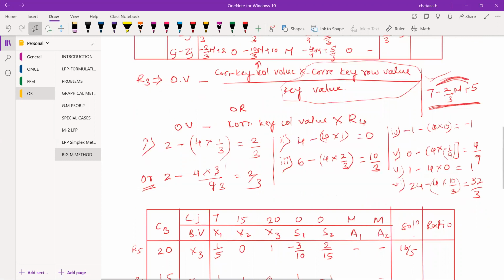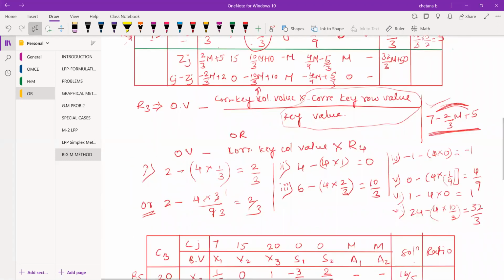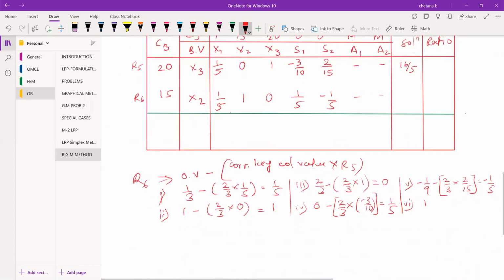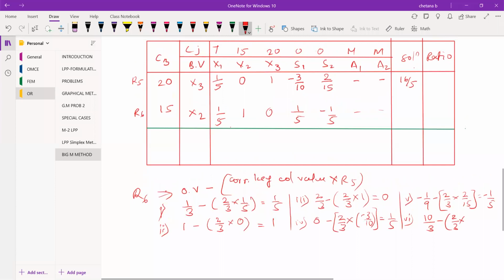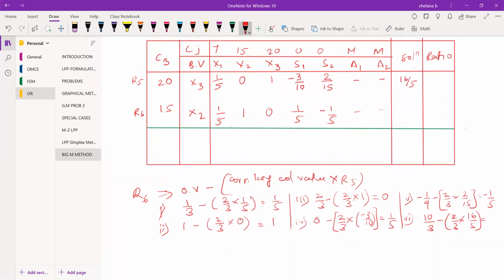So 10 by 3 minus 2 by 3 into R5. How much is R5? 16 by 5. Yes, 16 by 5.